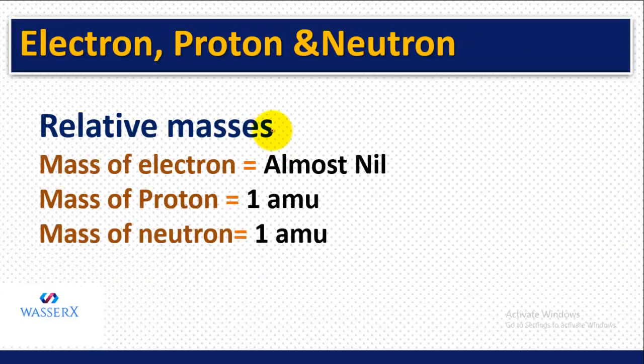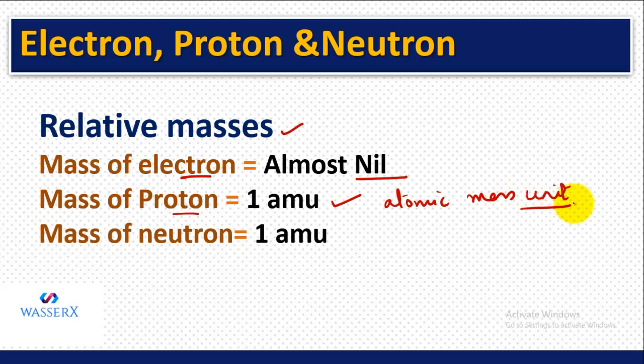Now, if we talk about the relative masses of electron, proton and neutron, the mass of electron is almost negligible. And the mass of proton is 1 AMU. AMU is atomic mass unit.